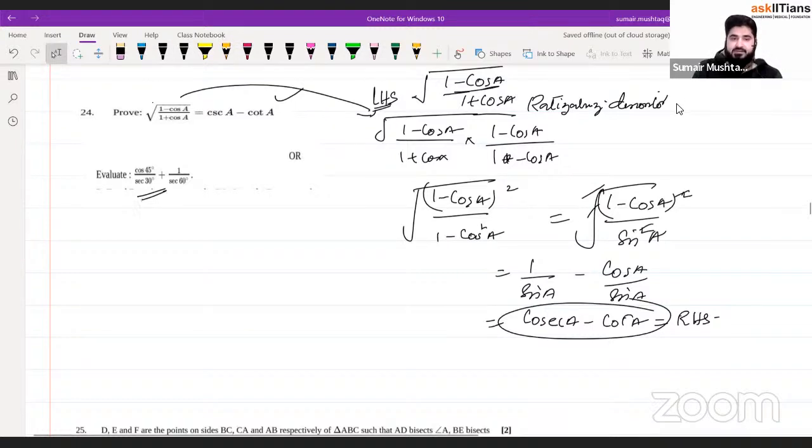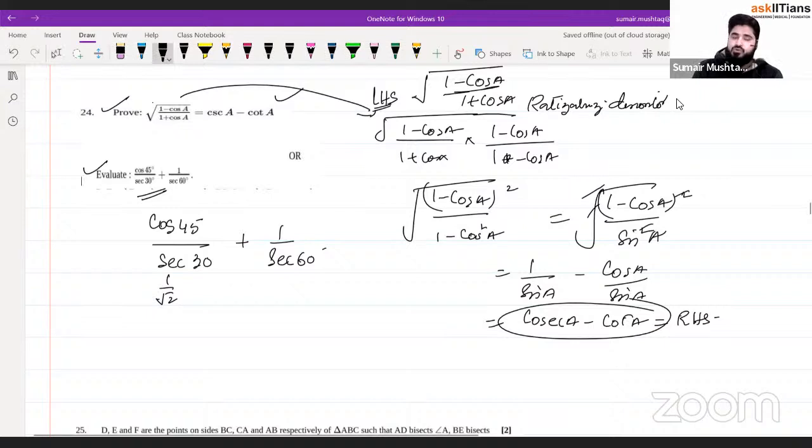Come on, tell me. This is cos 45 divided by secant of 30 degrees plus 1 by secant of 60 degrees. Very easy. These are all standard angles which are given. What is cos 45? That is 1 upon root 2. Now see what I told you in the beginning, that you can go for either the proving question or this question.